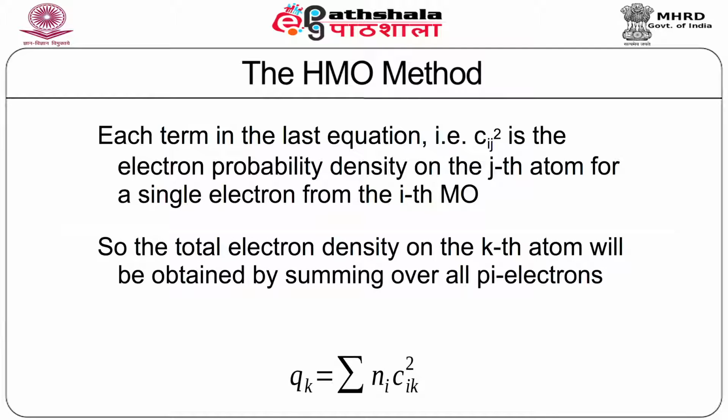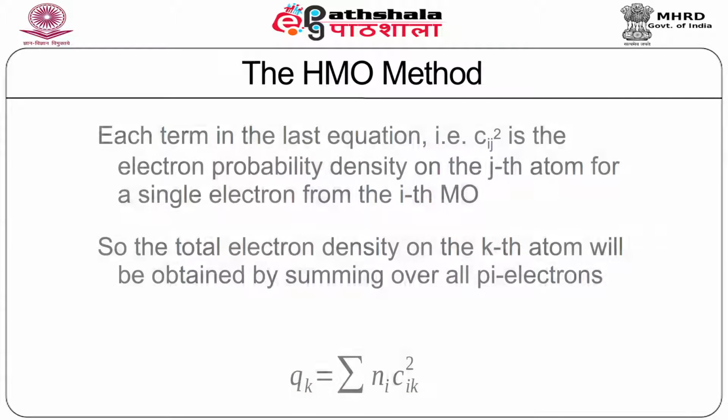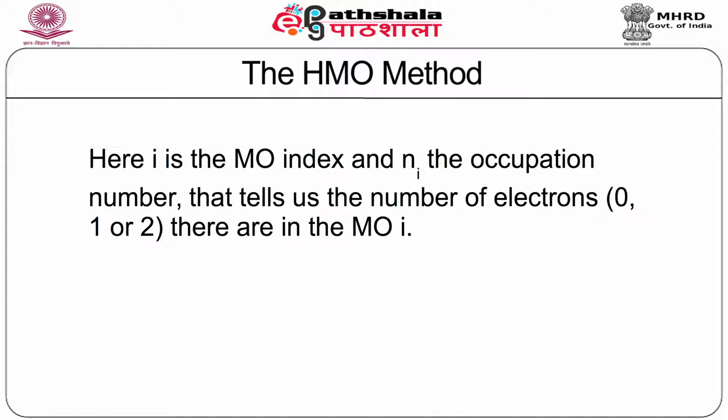So the total electron density on the kth atom will be obtained by summing over all the pi electrons, and that is a quantity which we define as Qk equal to sum over i Ni Cik square. In the last equation, i is the index of the molecular orbital and Ni is the occupation number.